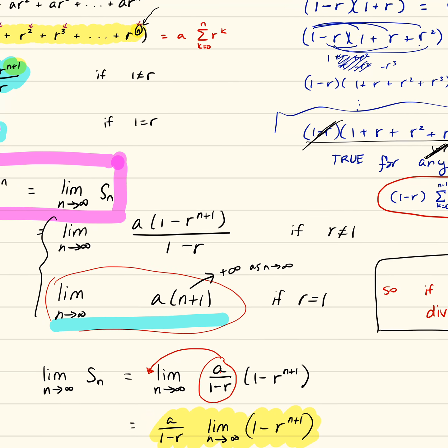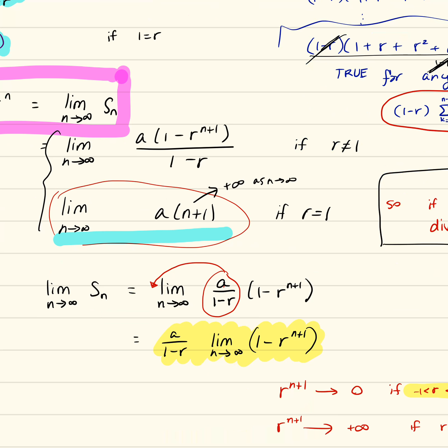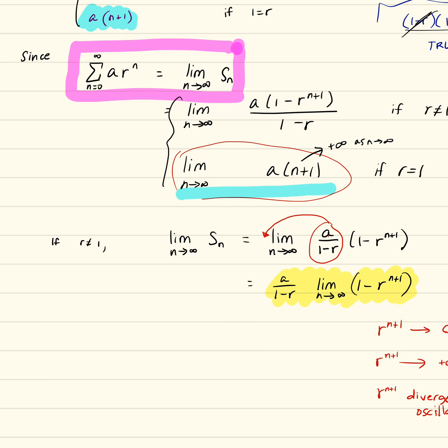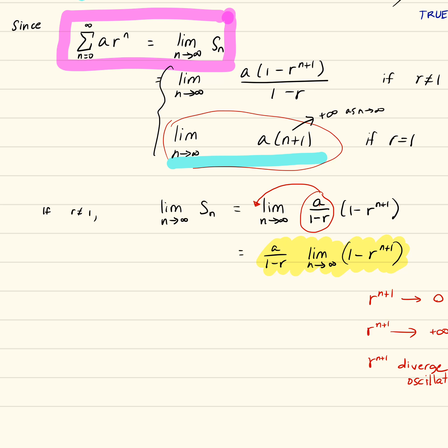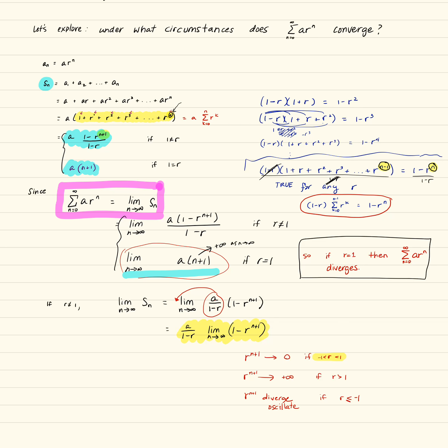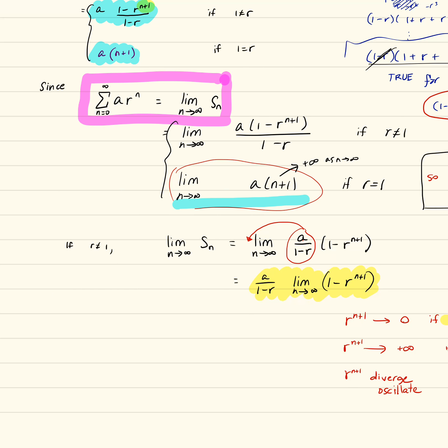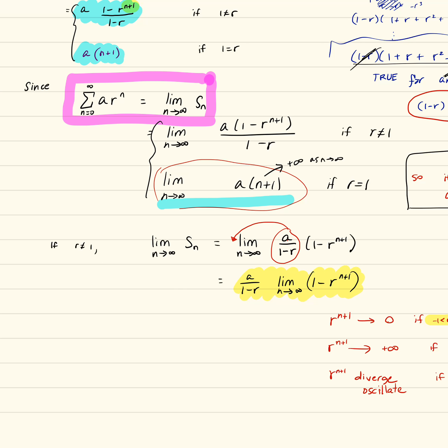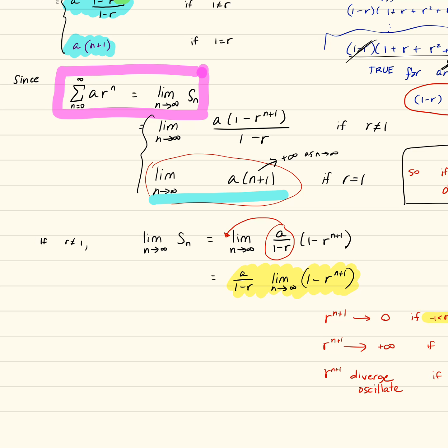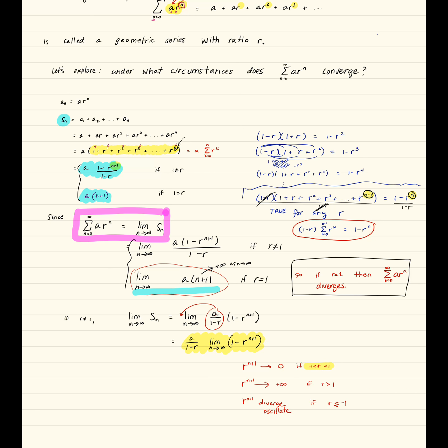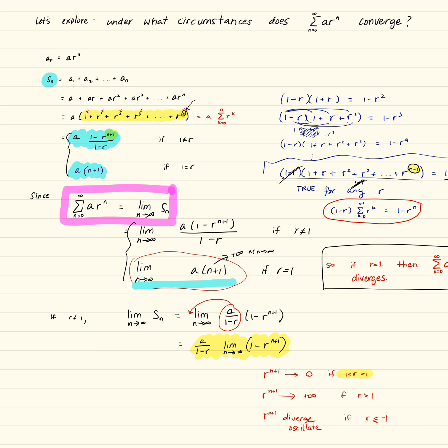What happens if r is not equal to 1? We need to compute this limit. So if r is not equal to 1, then the limit as n goes to infinity of s sub n is going to equal, sorry, I'm trying to adjust this so you can see.